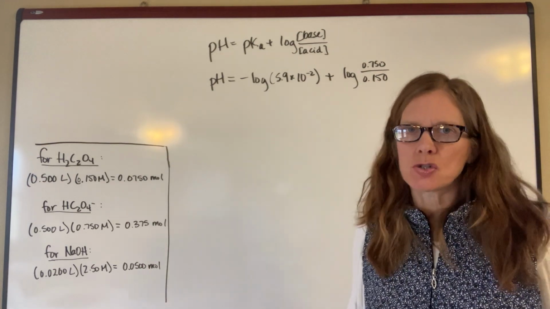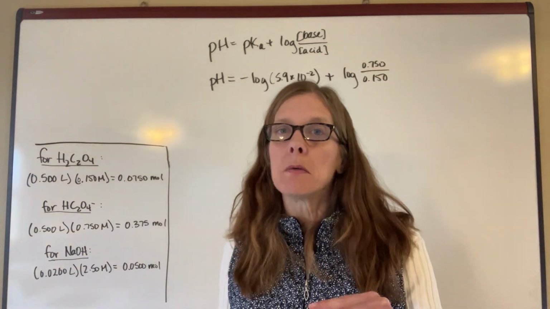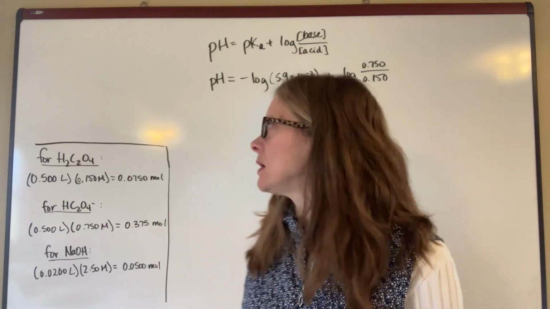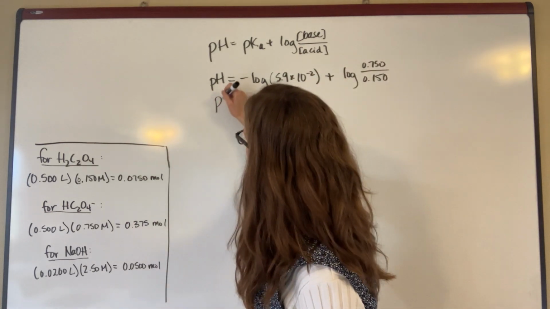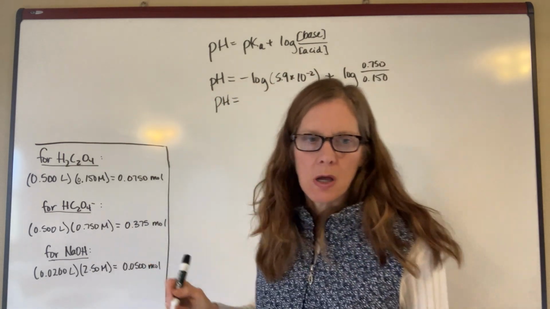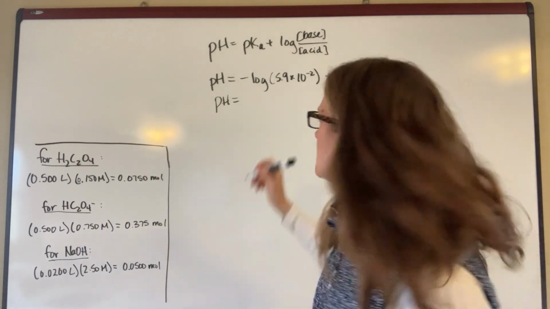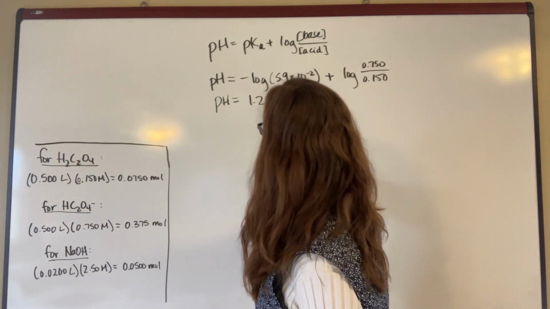Okay, they gave me concentrations. I don't need moles there. We'll need that in a minute, but right now we just need molarity. So then when I go to solve this, the pKa is going to be 1.23.